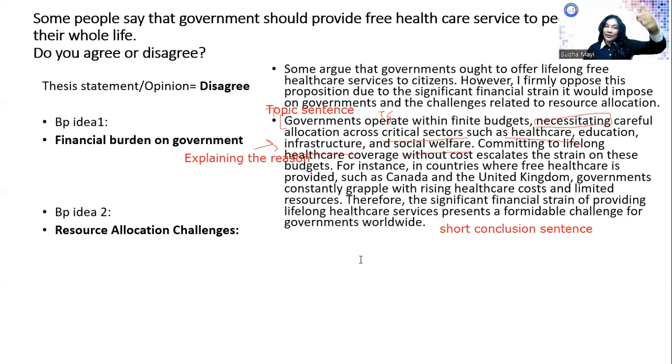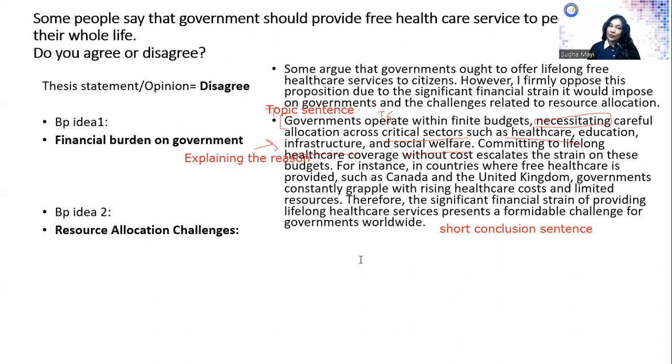So you have a topic sentence which tells what the main idea of this body paragraph is. Number two, you give a reason by explaining a little more with the reasoning aspect of this idea, followed by strengthening your reasoning by giving evidence. What type of evidence are you giving?